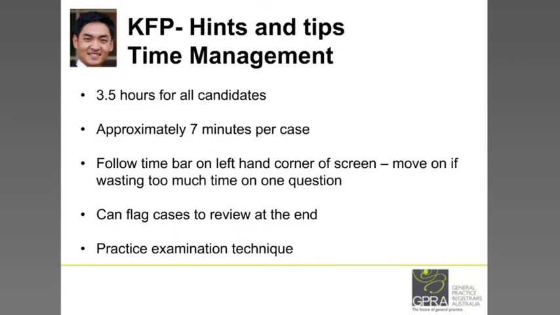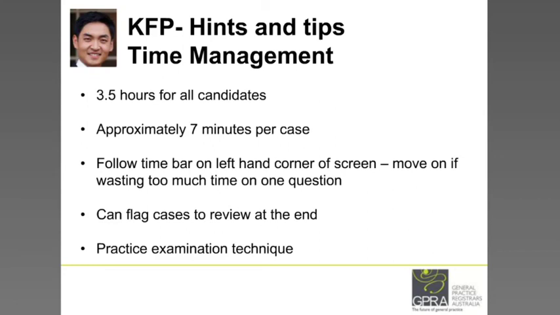That basically means that you have about 7 minutes per case for each of the 26 cases, and that gives you roughly about 5 or maybe 10 minutes to look over your answers as well, if you can follow that. Of course, things don't always go to plan, so trying to get to that 7 to 8 minute mark per case and moving on is going to be a good strategy.